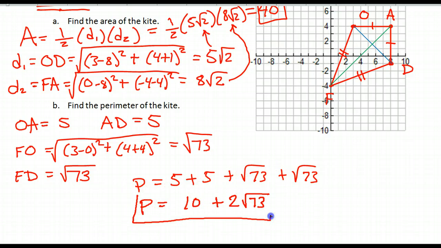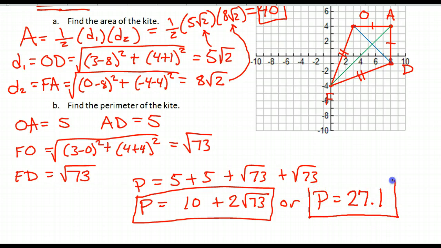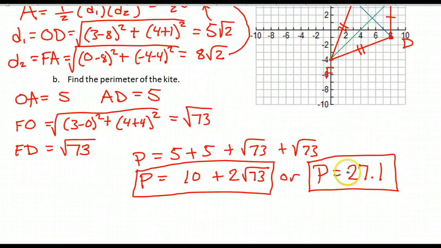So, without putting it as a decimal, this is the best it could be. But this could show up on a multiple choice question as a decimal, so let's find that as well. And that will be 27.1. And that's it. That's how you do the homework.